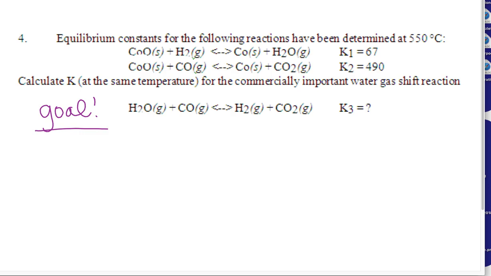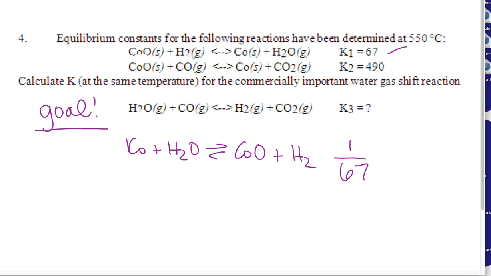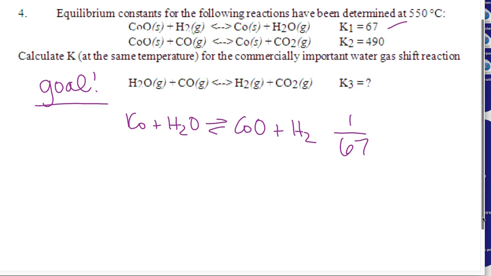All right, so we're going to reverse this and we're going to write cobalt plus water gives us cobalt 2 oxide plus hydrogen gas. If I reversed it, that K1 is not K1 anymore. What do I do to this K? I reverse the equation. Take the reciprocal. So that becomes 1 over 67.